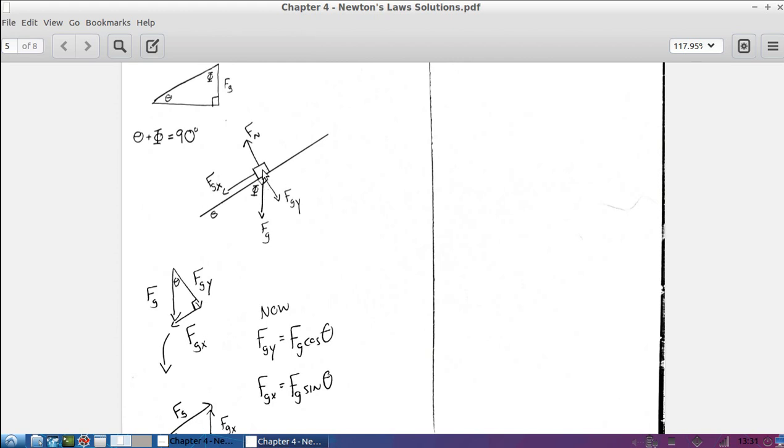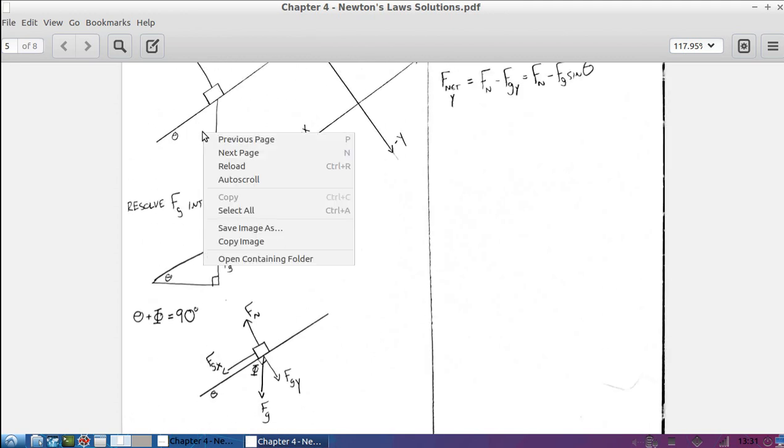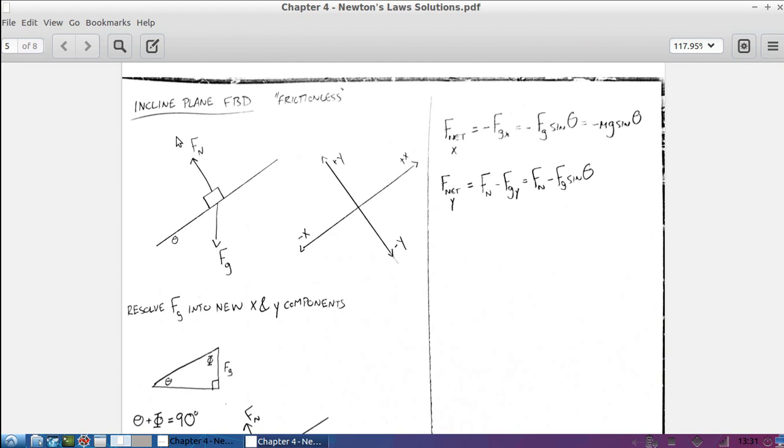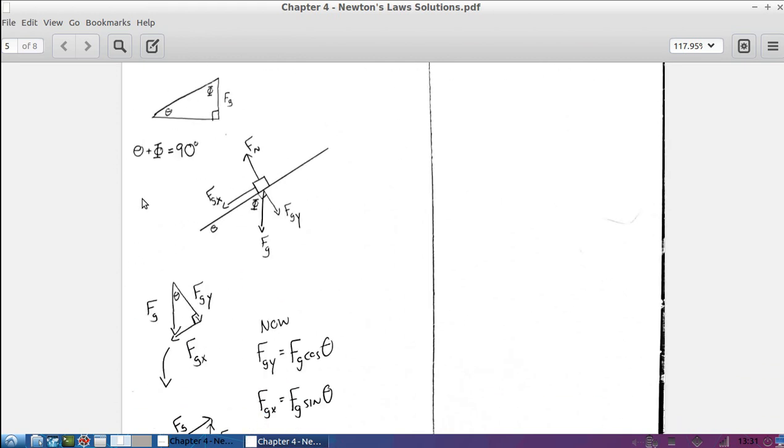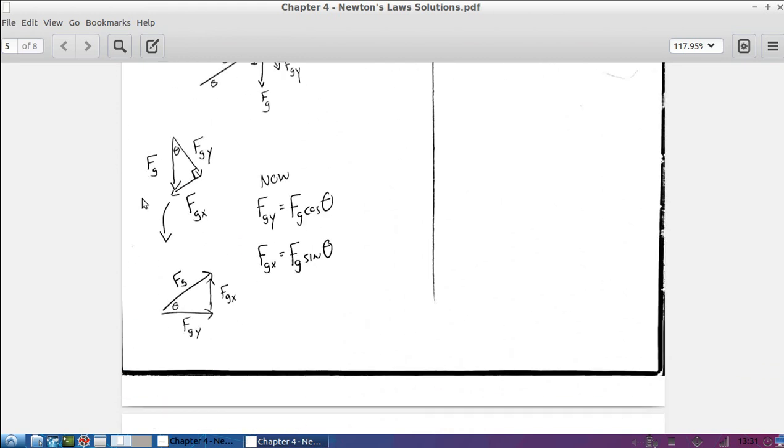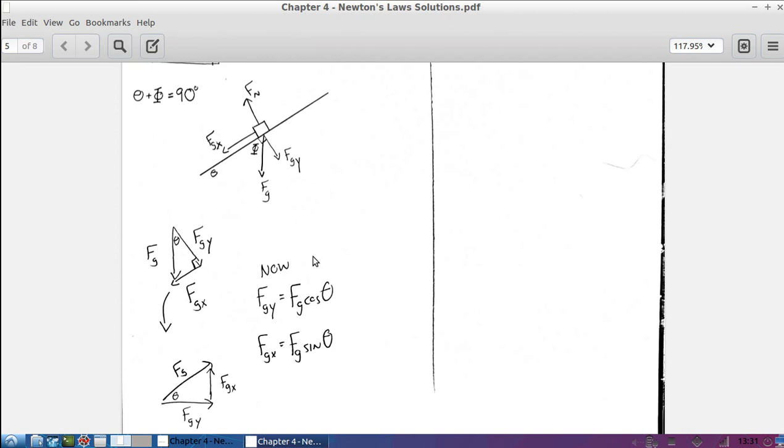Based on our coordinate system, the y direction is the cosine component, the x component is the sine component. It doesn't really do us good to rigorously derive this whole set of right triangles every time. So just keep in mind that your trig functions are flipped for the gravity vector.